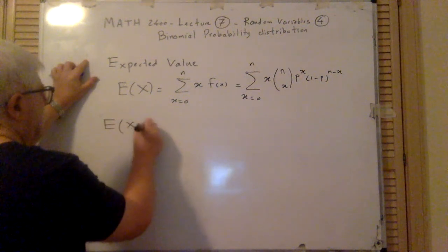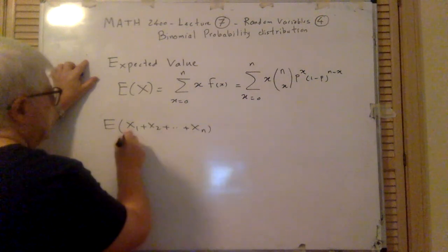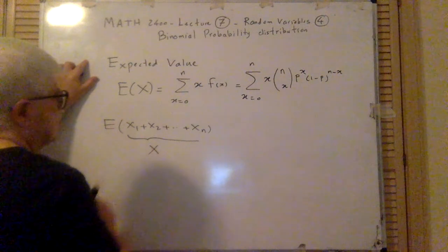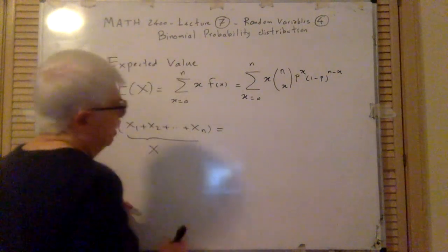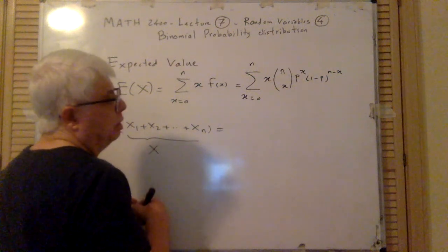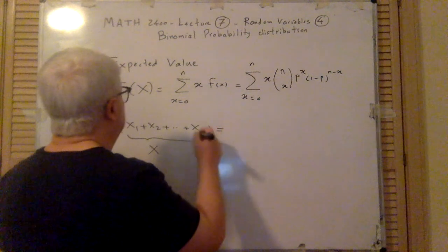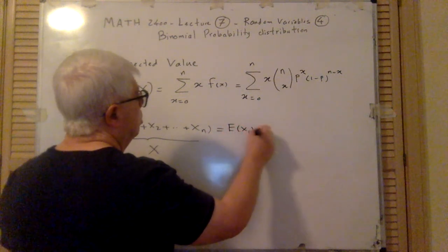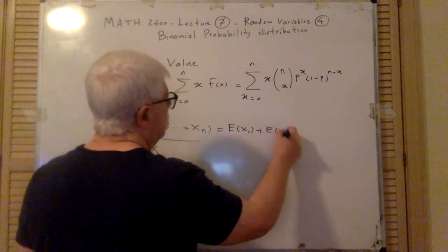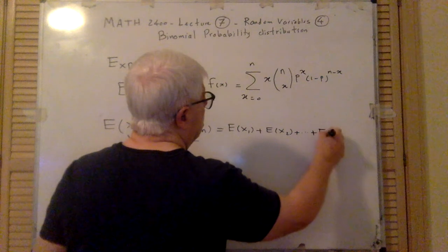So if instead I write it as x2 up to xn, this is x. Using the fact that E acts like a linear function, it just distributes over addition, so this will be E of x1 plus E of x2 up to E of xn.